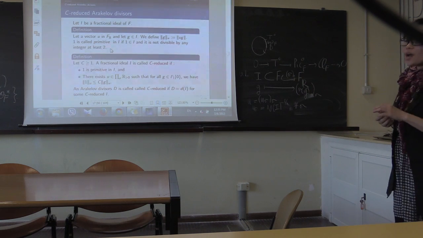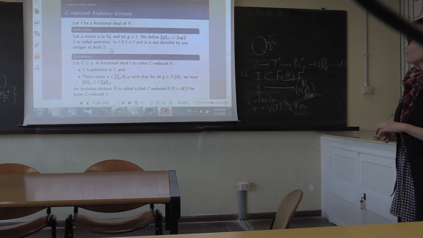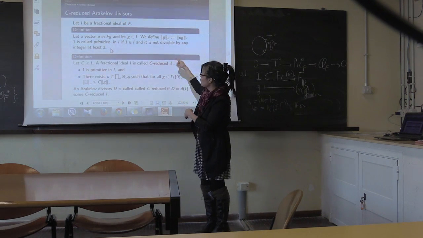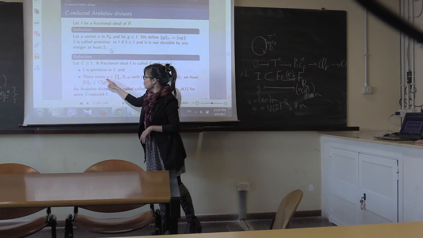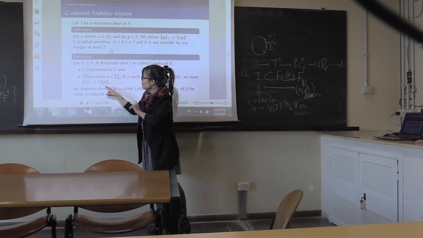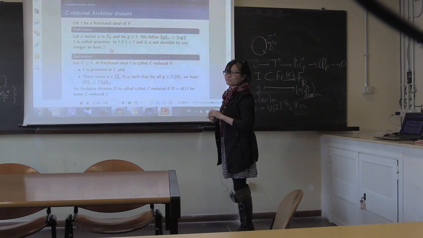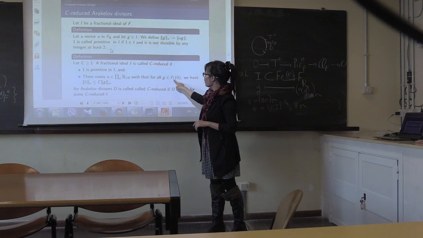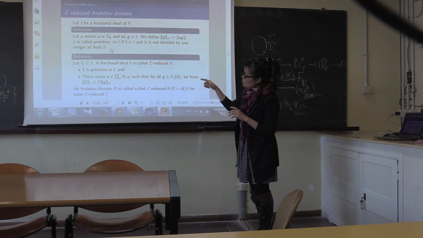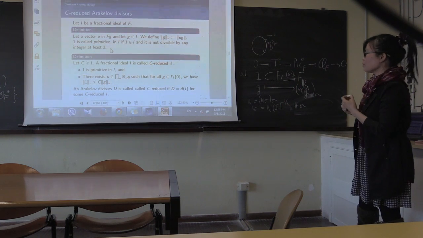A fractional ideal I is called c-reduced if the first condition is that 1 is primitive in I, and the second is that there is some u such that, with respect to u, the length of the vector 1 is almost the shortest, scaled by the number c, for any nonzero g in I. So if you scale by c, then 1 is the shortest vector of the lattice I with respect to u.